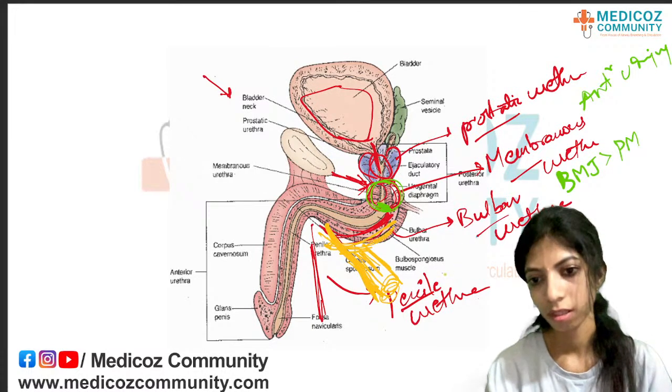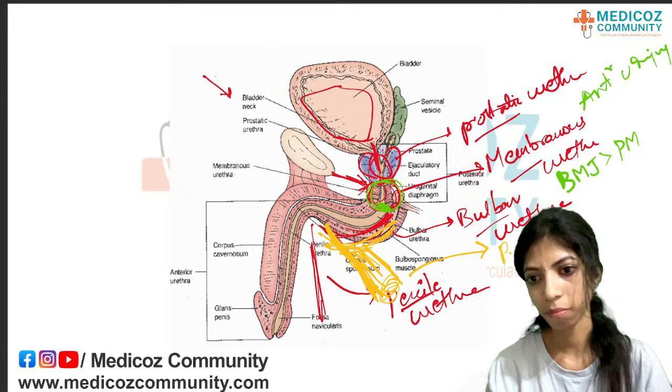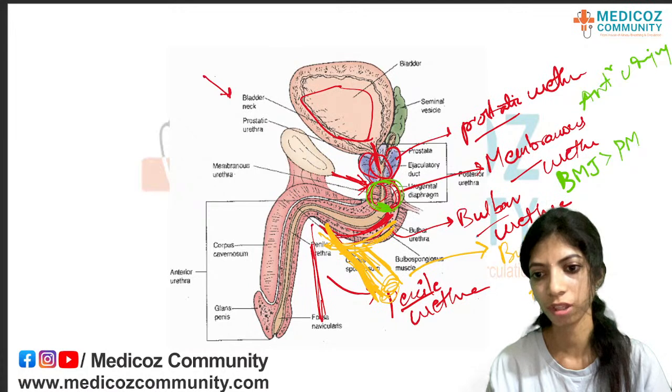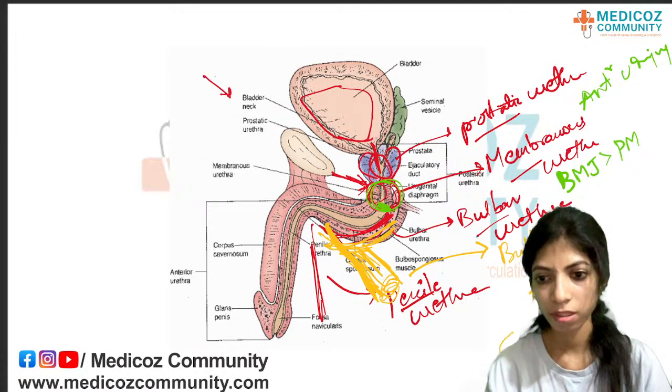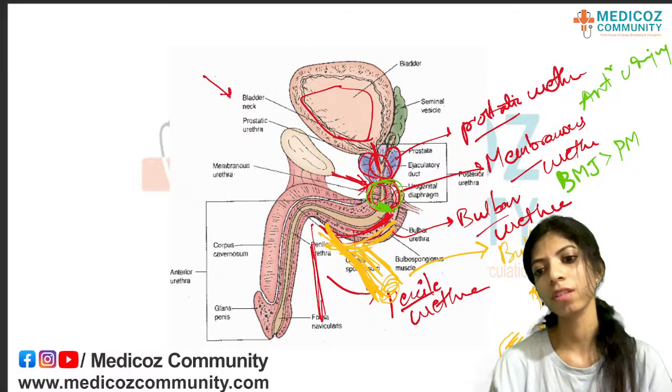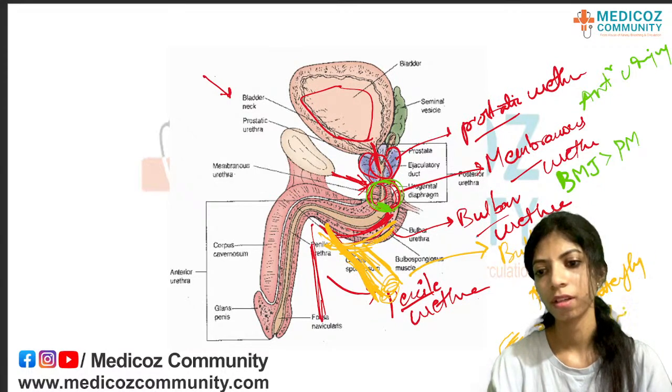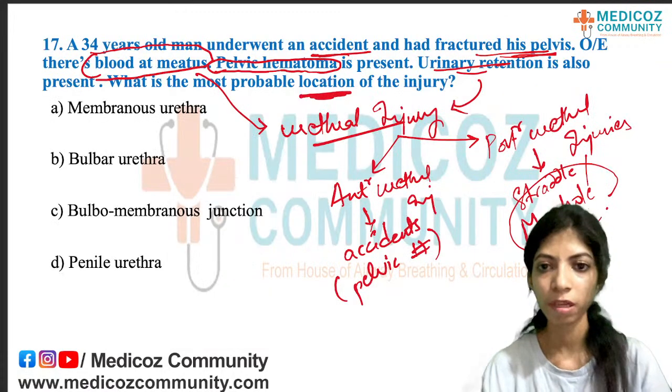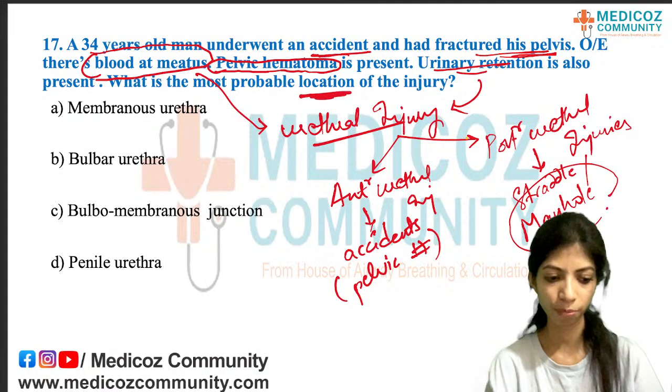Due to this compression, the bulbar urethra is most commonly affected in case of a posterior urethral injury. And what happens? The scrotum is filled with hematoma and the shaft of the penis is also involved. So this gives you a classic butterfly shaped hematoma. Butterfly shaped hematoma is seen in a posterior urethral injury, whereas just the pelvic hematoma is seen in case of anterior urethral injury.